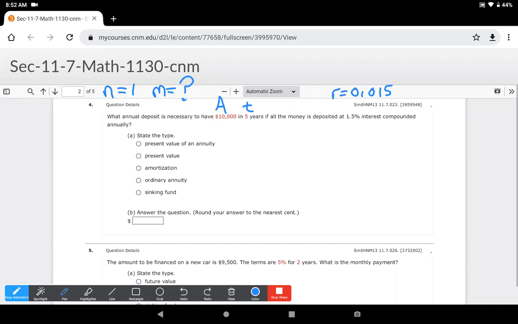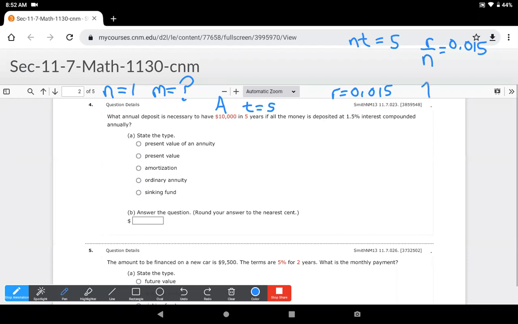So again, we will look for things like NT. NT is just 5, right? Because T is 5. We also do things like R over N, always in these problems. R over N when divided by 1 is just R. So we'll just use the 0.015.